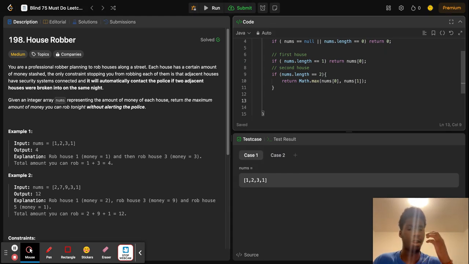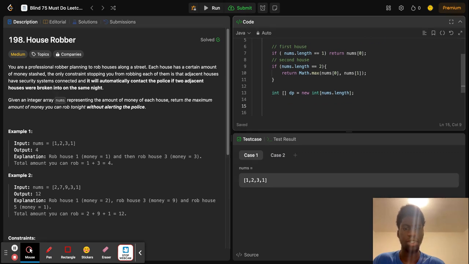But we're going to get to the meat of the solution, which is where you find something that's adjacent. So we want to create an array to find what's adjacent. So int, let's name it dp, because that's what everyone names it, equals new int of nums.length.